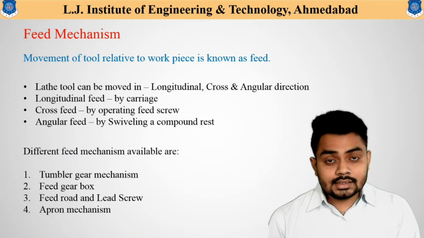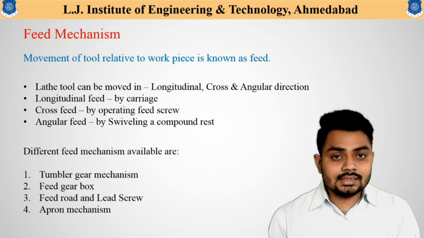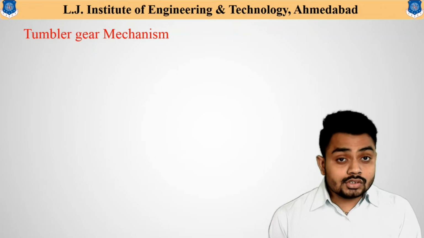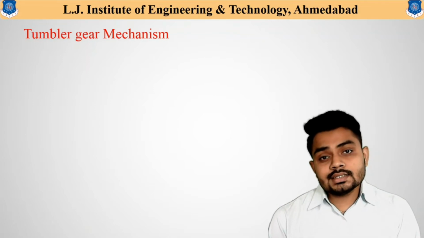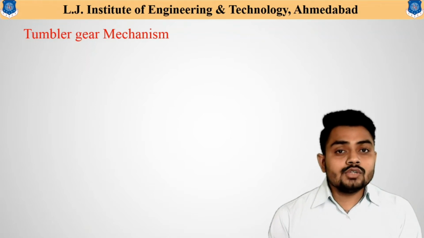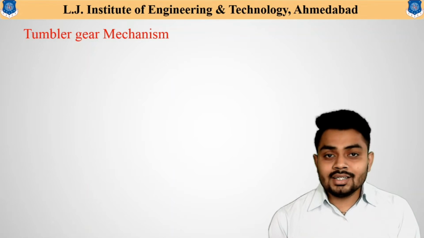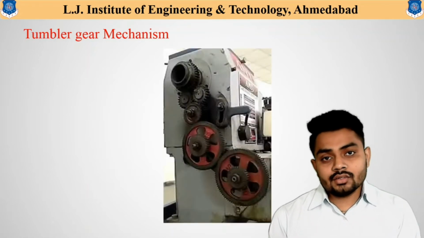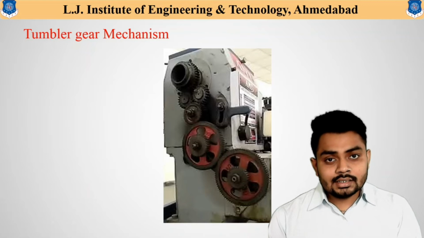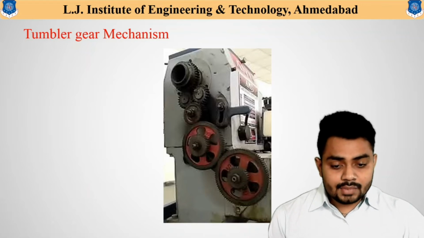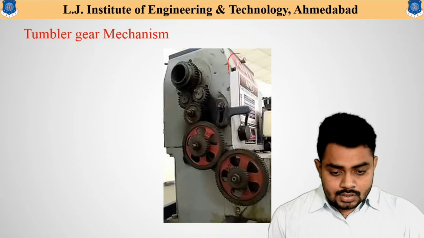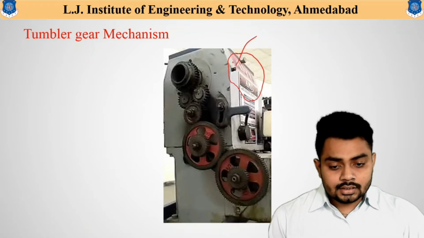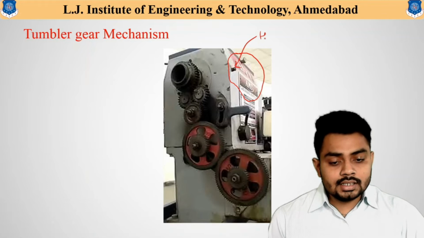Now let us understand the first one, the tumbler gear mechanism. First of all, what is the tumbler gear mechanism and where is this mechanism available in the lathe machine? For this, have a look at this figure, and take a look at this portion. This entire section shown over here is nothing but the headstock.